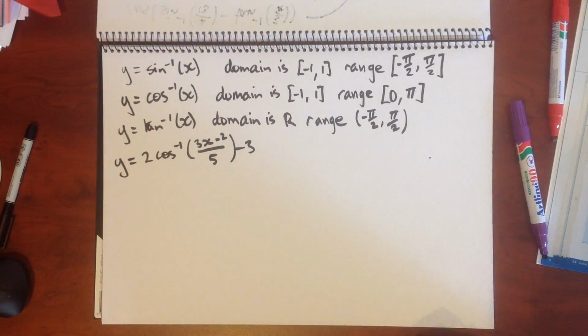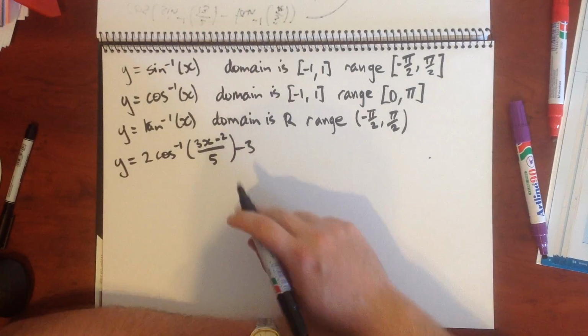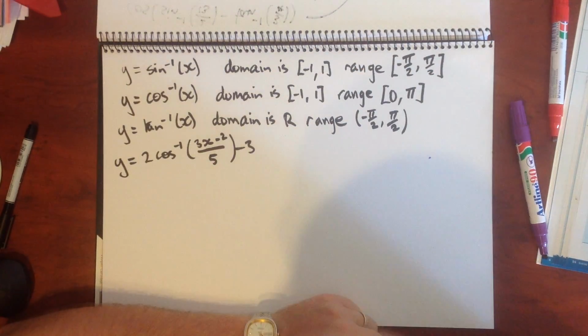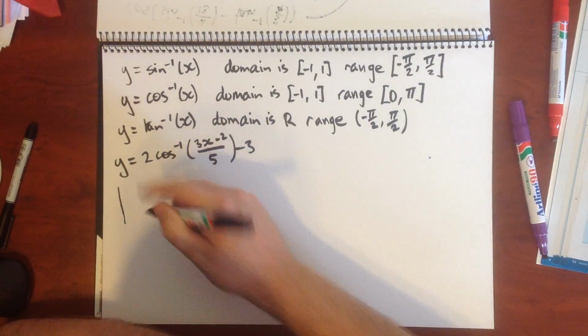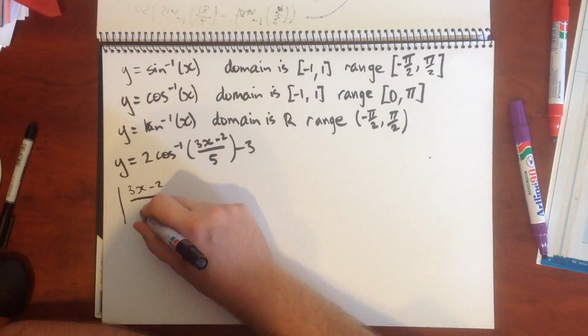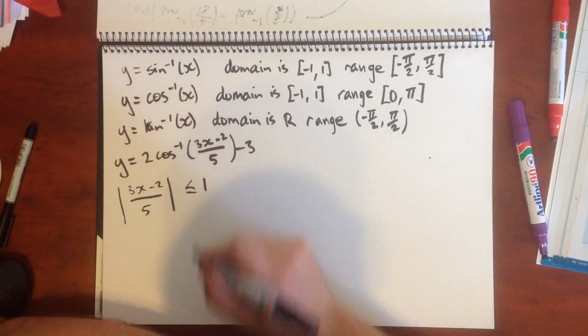Okay. So remember that our domain for this is negative 1 to 1. So we need to think, well, the modulus of this part, our 3x take 2 over 5, has got to be less than or equal to 1.